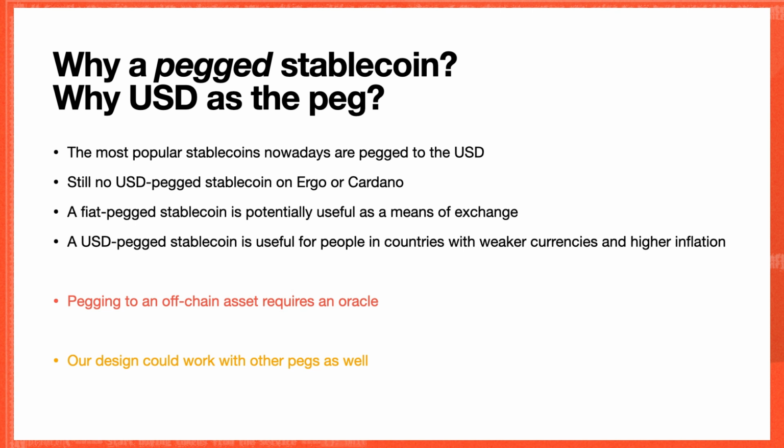It's important to note that our design could work with other pegs as well. There's nothing specific about the USD. We could have pegged it to the euro, to some inflation index, to a basket of currencies, and so on. As long as we have oracles providing the pricing data that the contract needs, we could peg the stablecoin to anything.